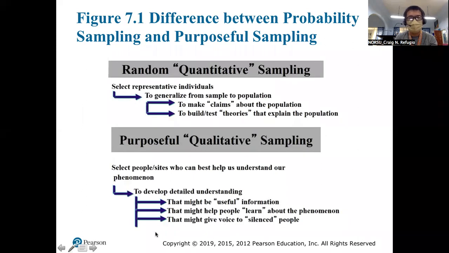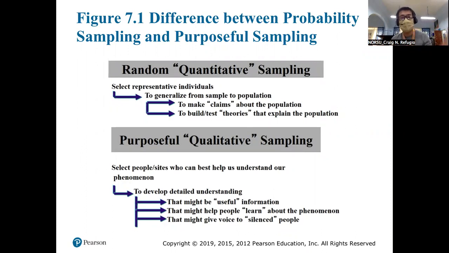We look at this as, hold on, that might be useful information, that might help people learn about the phenomenon, that might give voice to silenced people. So these are the three things that we are going to consider when we look into the objective of having a detailed understanding of the phenomenon.